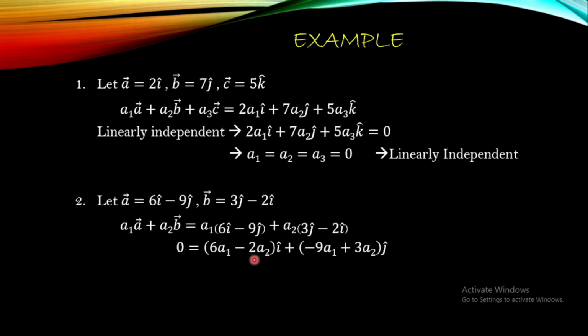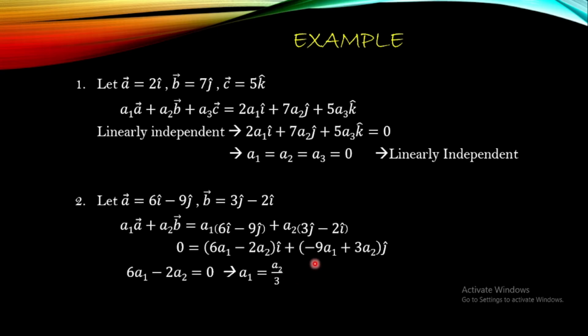So we can say that the first part, that is 6a1 minus 2a2, has to be equal to 0, and when we rearrange, we can say that 6a1 is equal to 2a2, so that a1 will be equal to 2a2 by 6, which is nothing but a2 by 3.